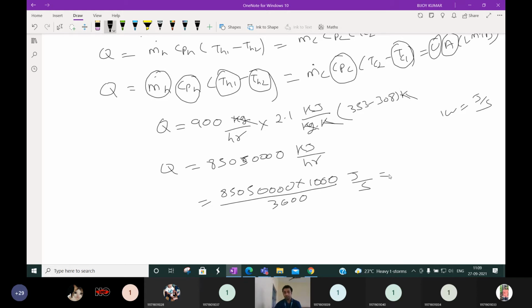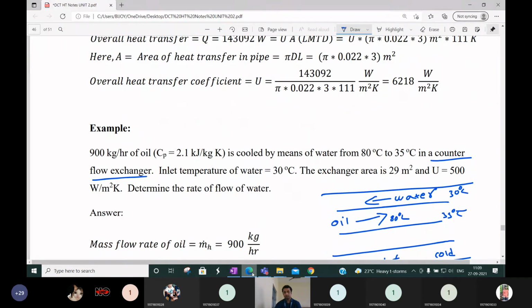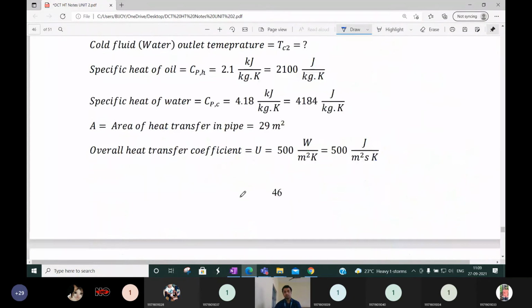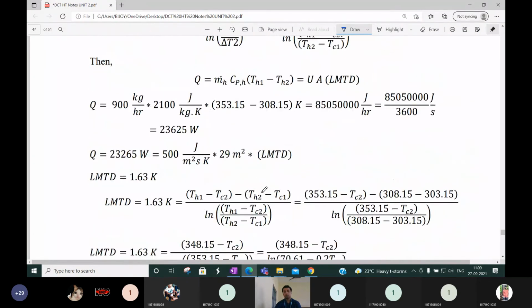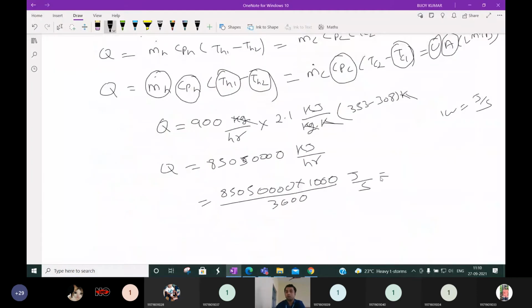So this value will come around 23625 joule per second, or you can say 23625 watt. So by using this data, we can calculate the value of Q.